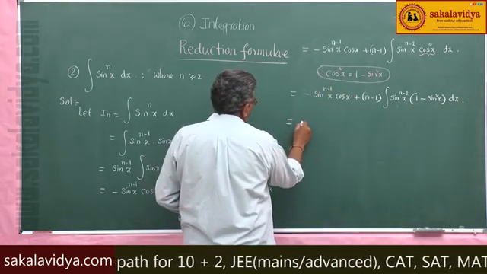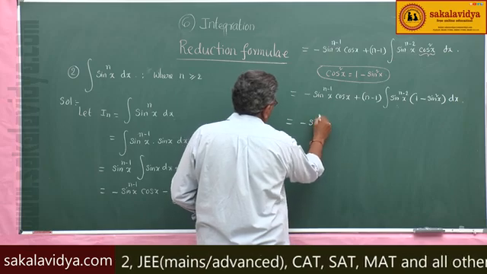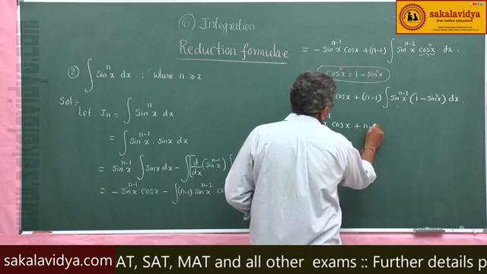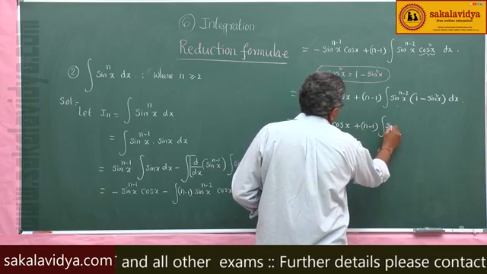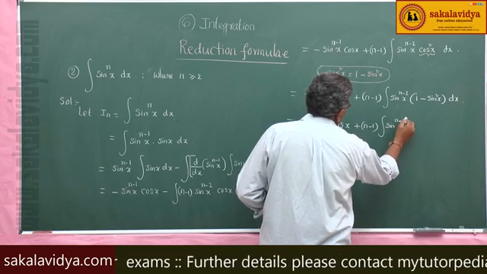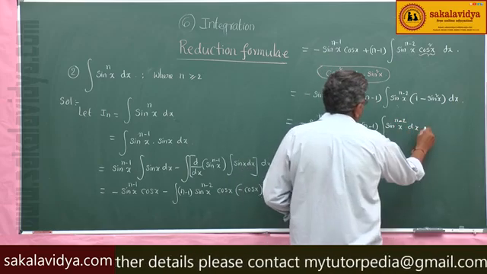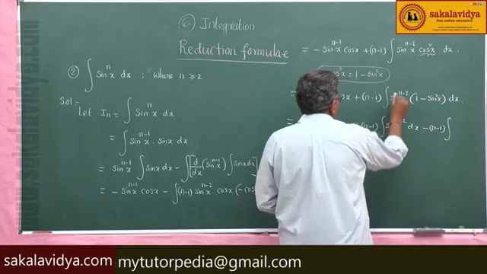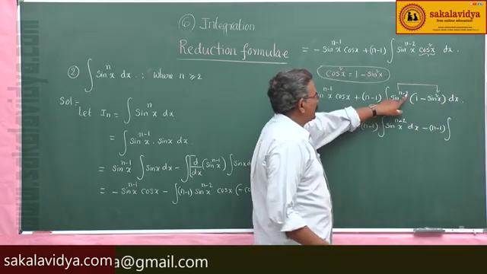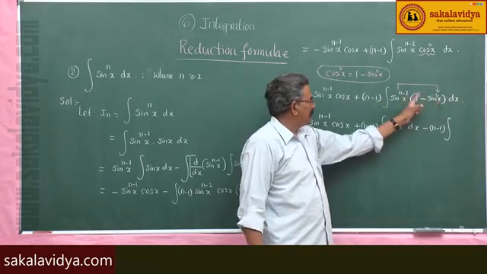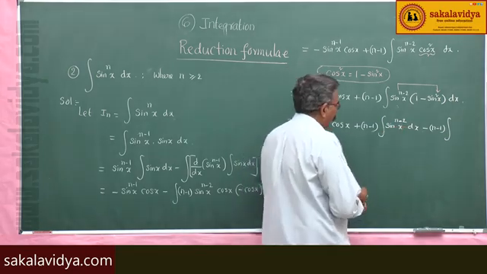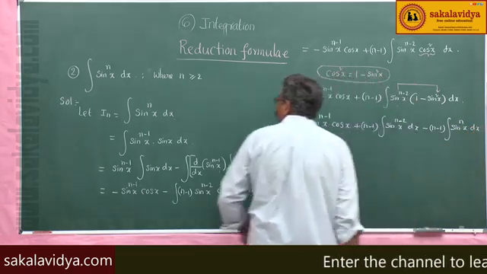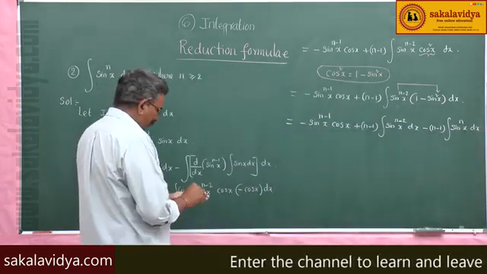Now, this we can write minus sin x to the power of n minus 1 cos x plus n minus 1 times integral sin x to the power of n minus 2 dx and minus n minus 1 integral. So, now this into this, sin x to the power of n minus 2 into sin square x, n minus 2 plus 2, sin x to the power of n dx, means again the same integral appears, that is I_n.